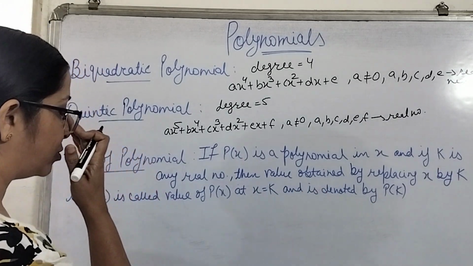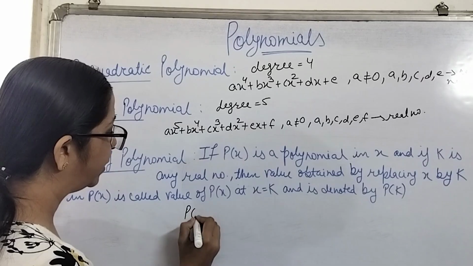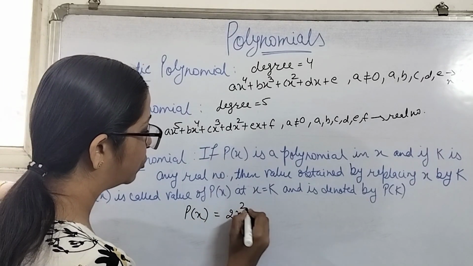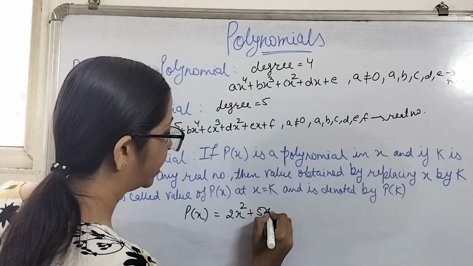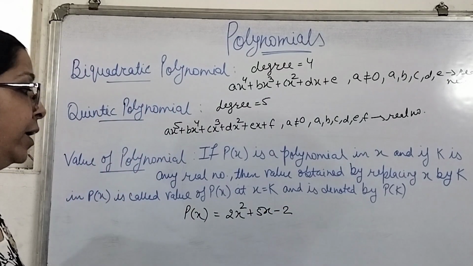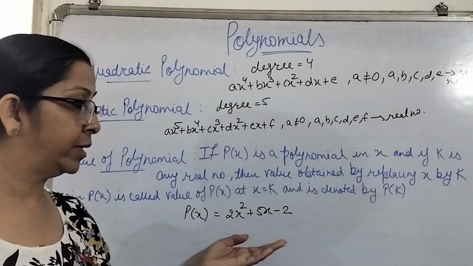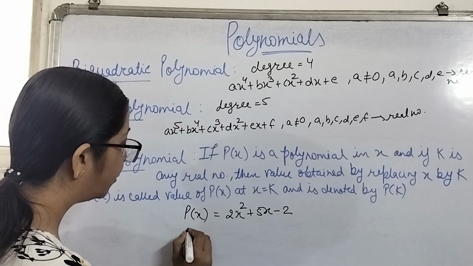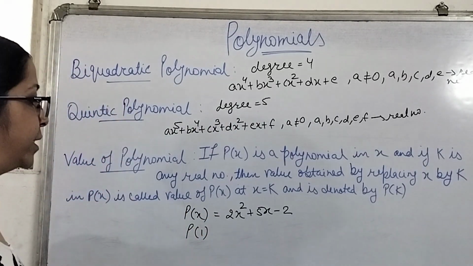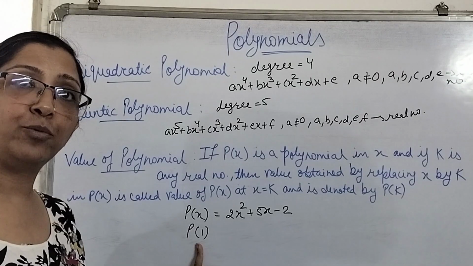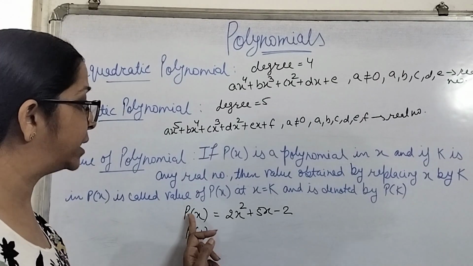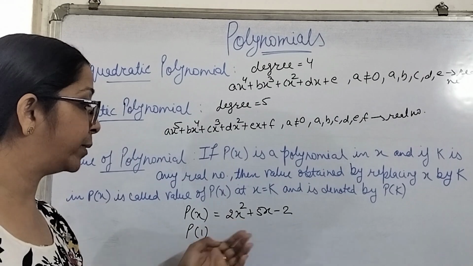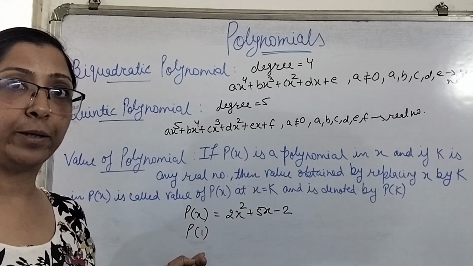Suppose the polynomial is 2x^2 + 5x - 2, and we have to find the value of p(1). Here the value of k is 1, and if we replace x by 1, we get the value of the polynomial at x = 1.